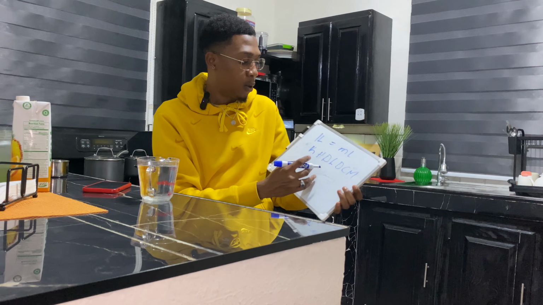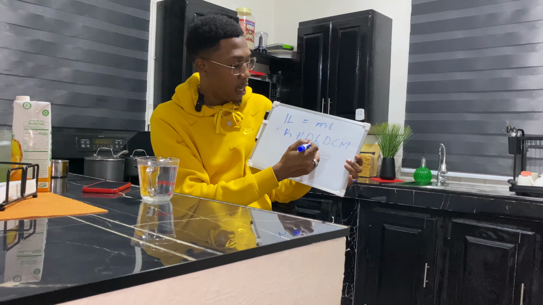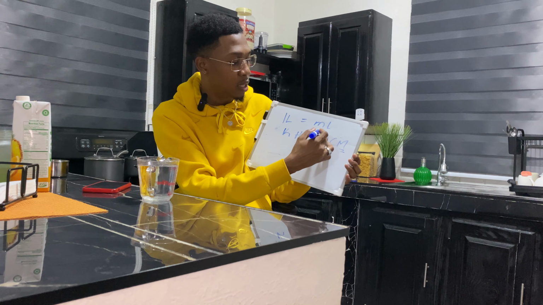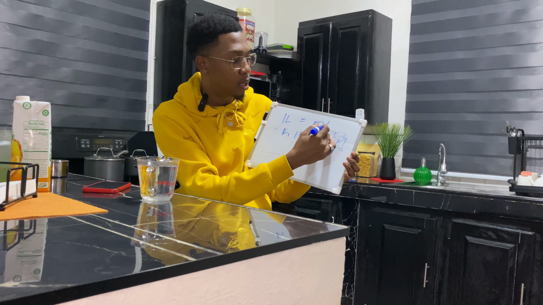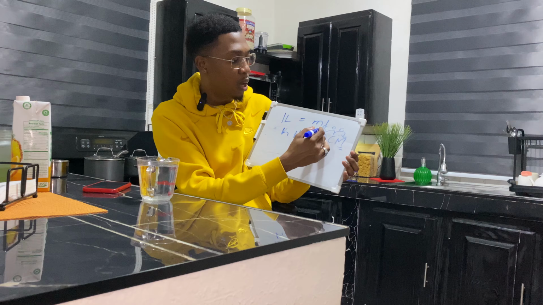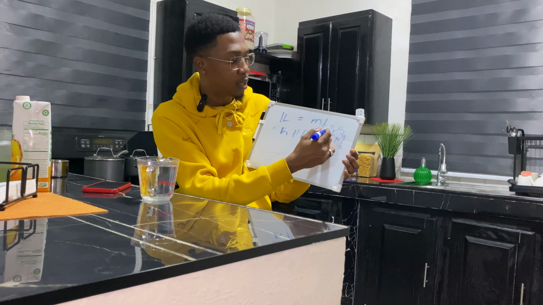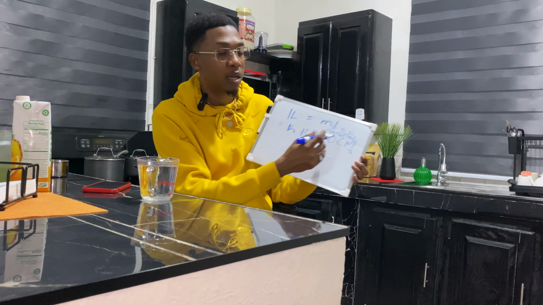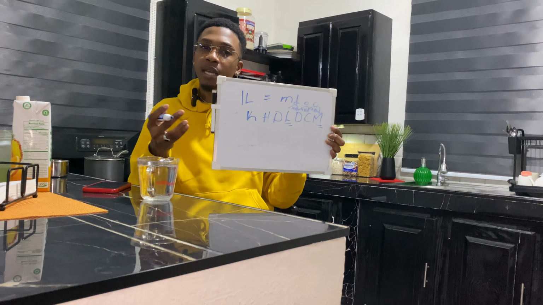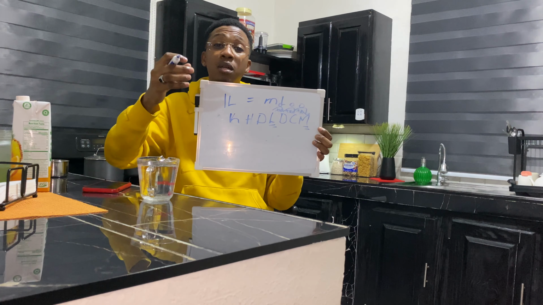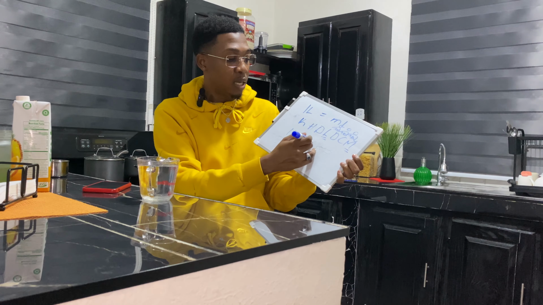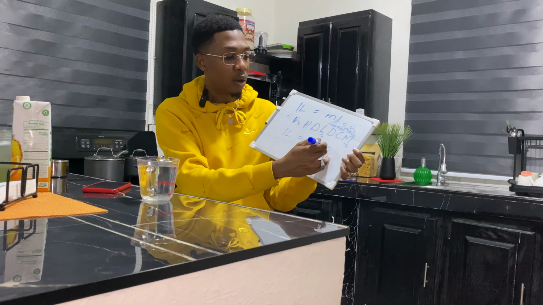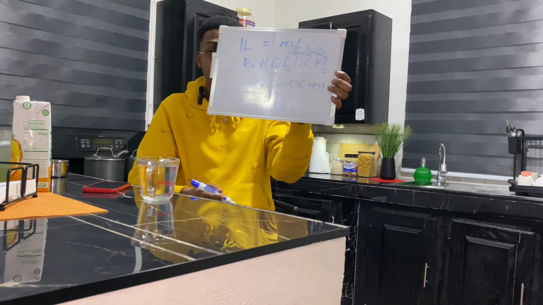All right, now, liter is right here, milliliter is here. So we jump 1, 2, 3, and for each jump it is a 0, or we can say times 10, times 10, times 10. So 10 times 10 is 100, and times another 10, it's 1,000. So now we know 1 liter is equal to 1,000 milliliters.